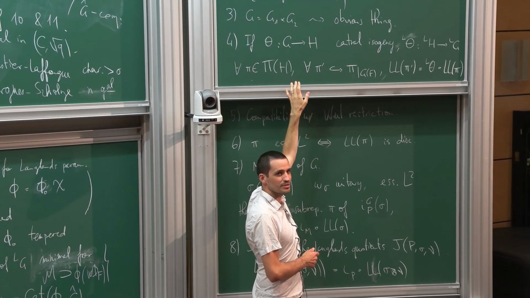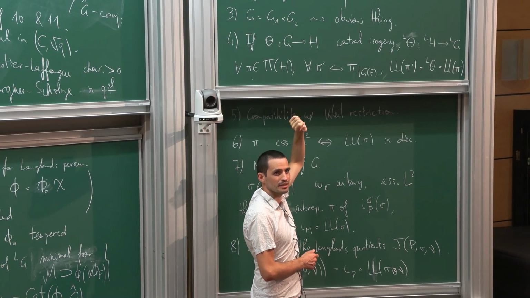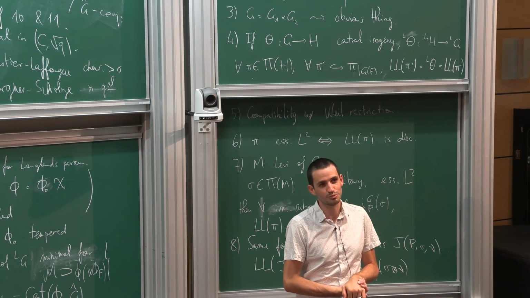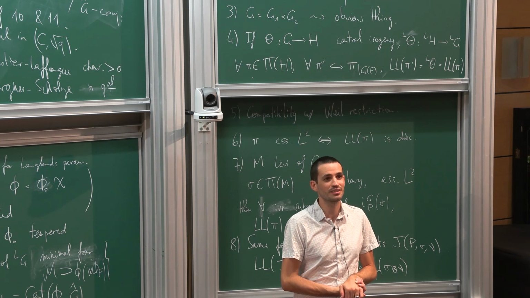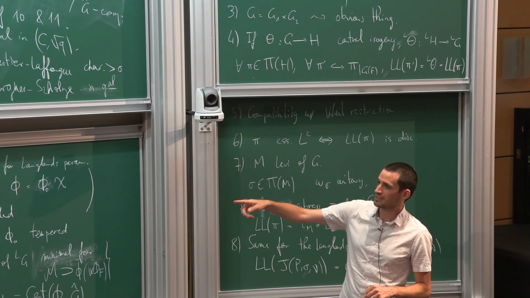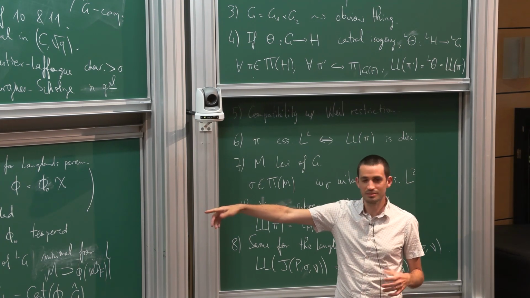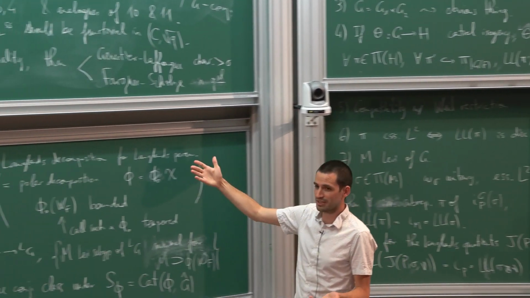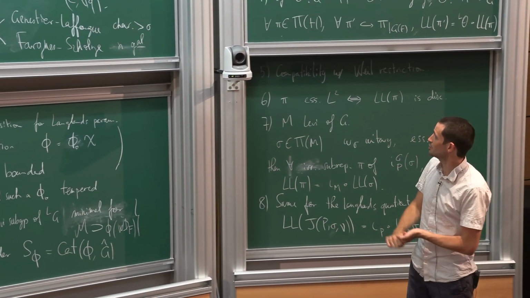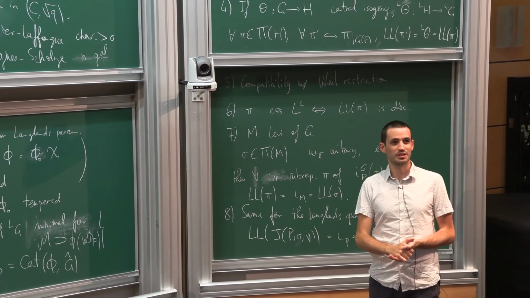So you can use this to compute the L packet for SLN. Yes, but then the interesting question is, what do they look like? And for GLN, I should have said also this S phi is always connected, so the conjecture is that the L packets are just singletons, so there is no more than this conjecture. But for SLN, there are interesting things to say.